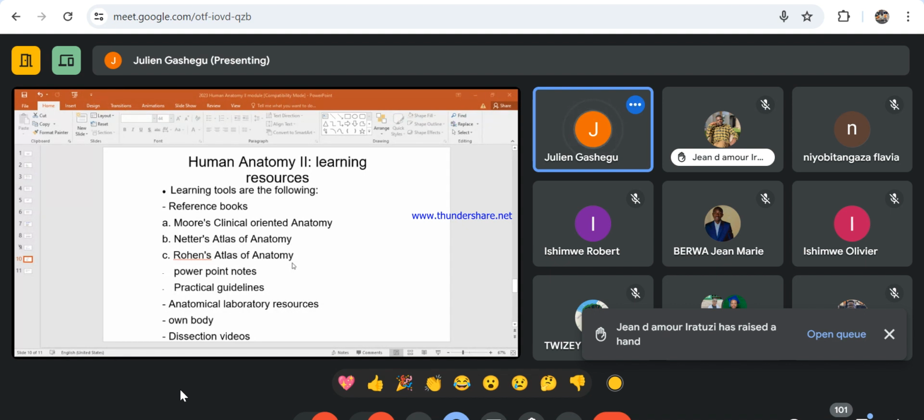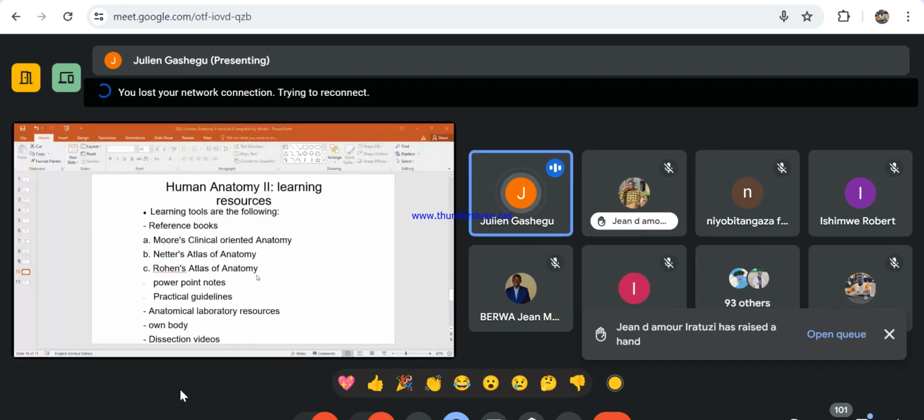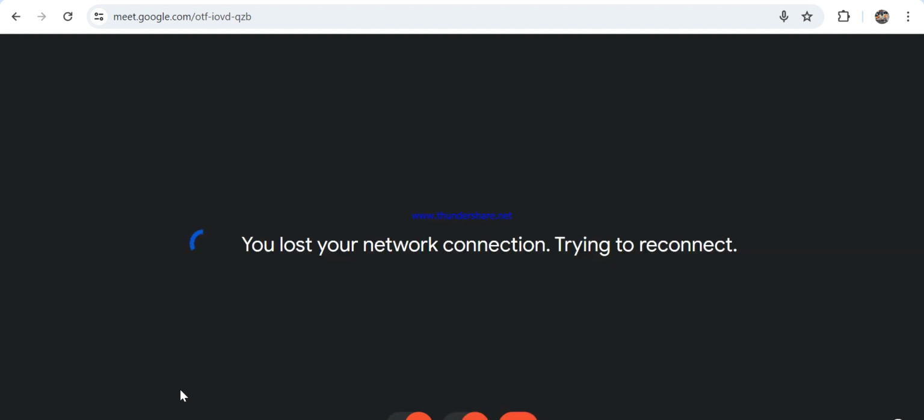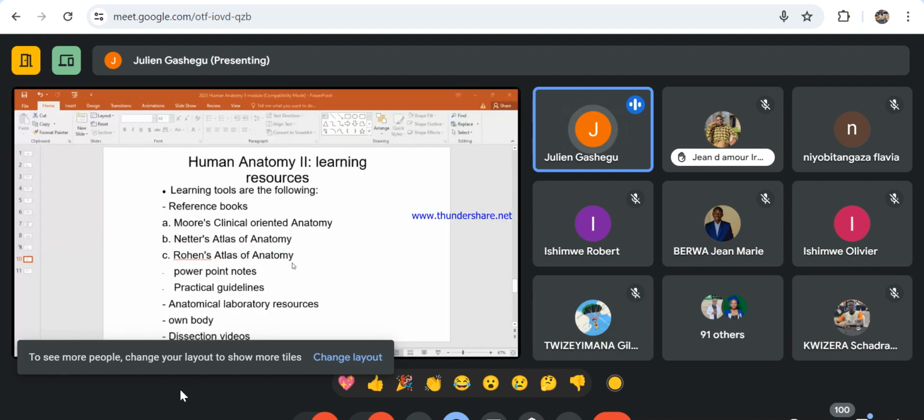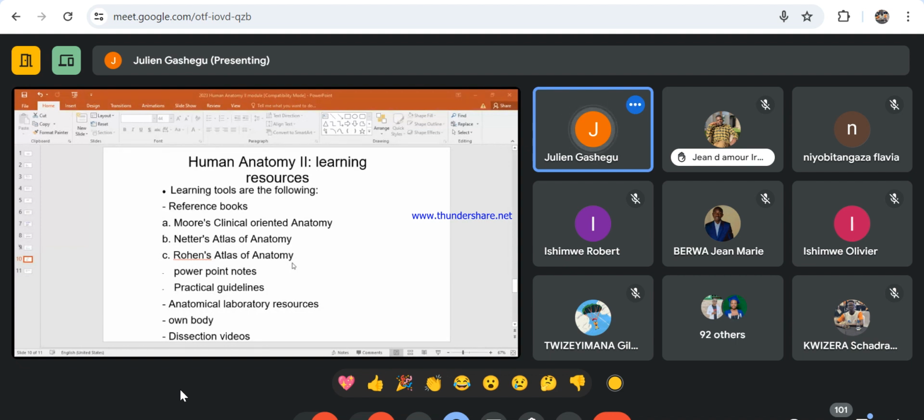We have practical guidelines. We have also atlases. There is the Rohen Atlas of Anatomy, which is a very wonderful atlas which shows the real anatomy.